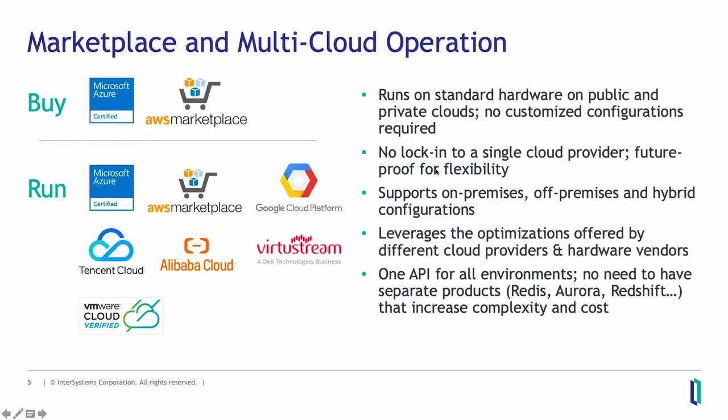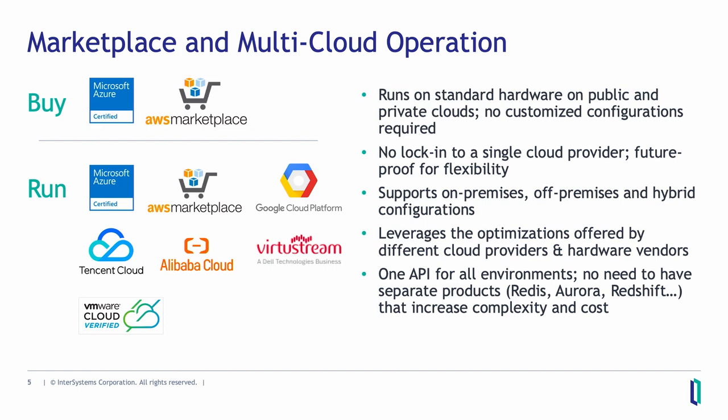The third cloud strategy is the marketplace. You heard Terry and Scott this morning mention that you have the ability to just buy it and pay the cloud providers, Amazon and Azure, directly. You don't have to talk to us. You don't have to look at us. Billing's all done through them. And this is also for IRIS for Health as well.